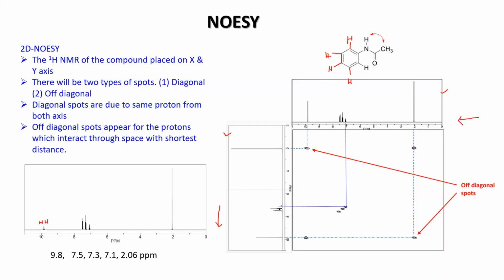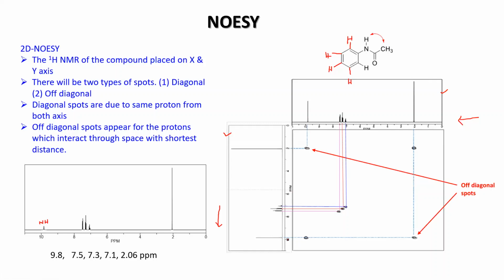Similarly, if I consider the middle one around 7.3, I have to consider from here and here. They are considered the same proton from both the axes, so we are having a spot. Similarly, you have 7.5, so they are having the same spot.